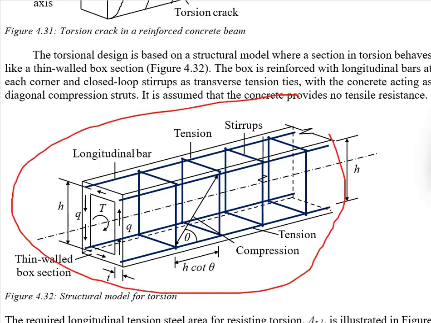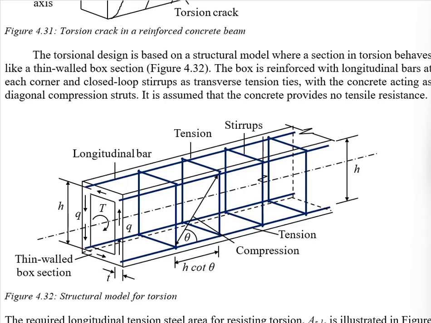Because of this arrangement, it leads to an analogical truss structure, where the steel reinforcement acts as the tension member, whereas the concrete acts as the compression member. Due to the truss action, there will be compressive strut within the model.